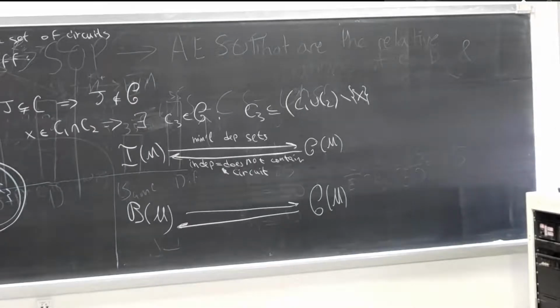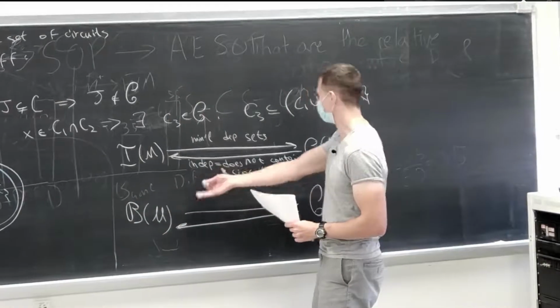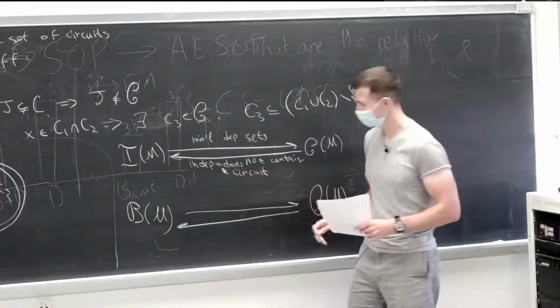So indeed, that was actually not good. If I have a graph like this, then I have an independent set which looks like this. Basically I can take, well, this works.